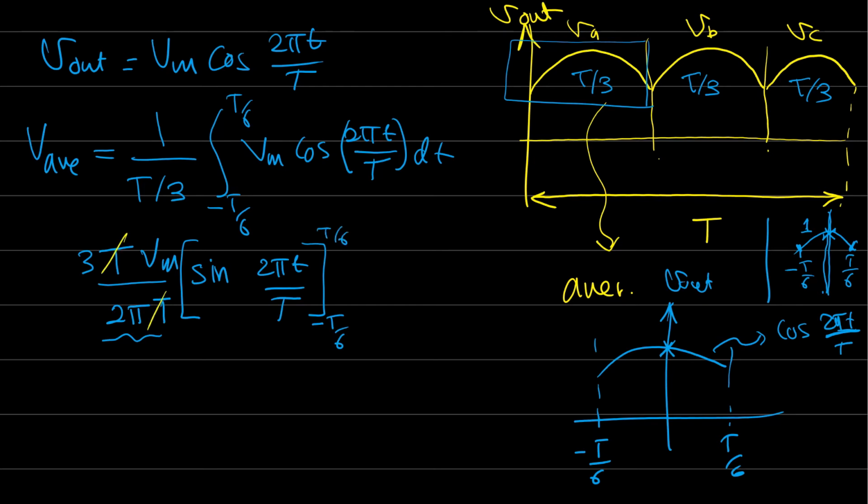T with T, and this will be 3V maximum over 2 pi times sine pi over 3, just substitute by this value here, minus sine minus pi over 3.